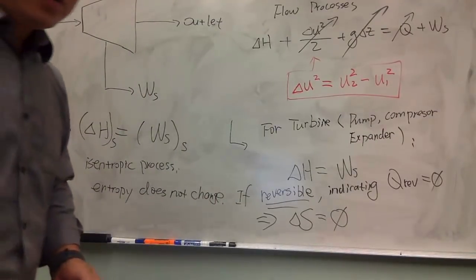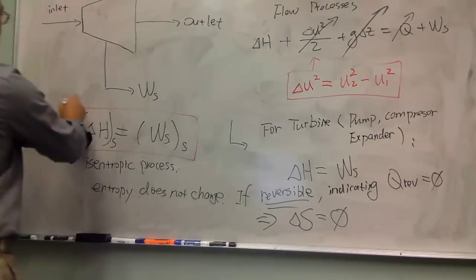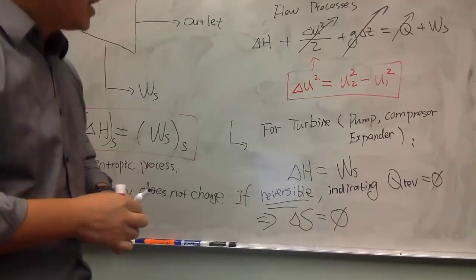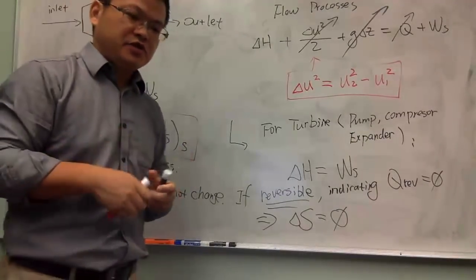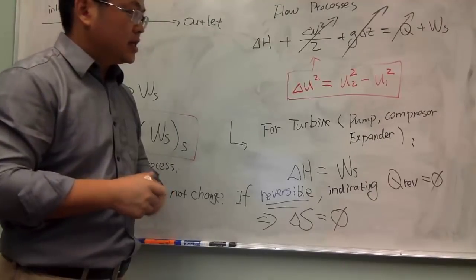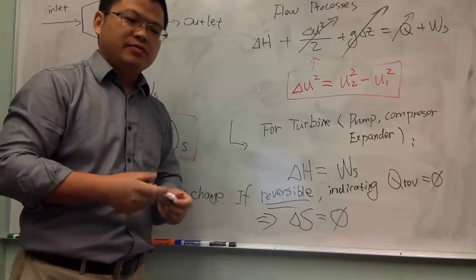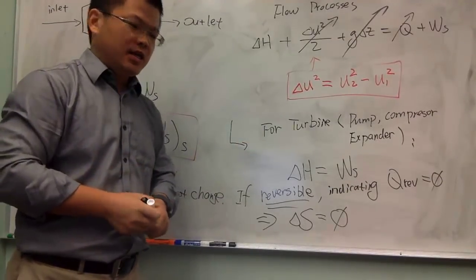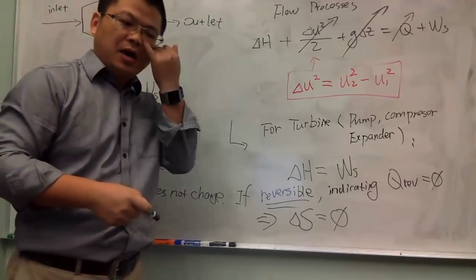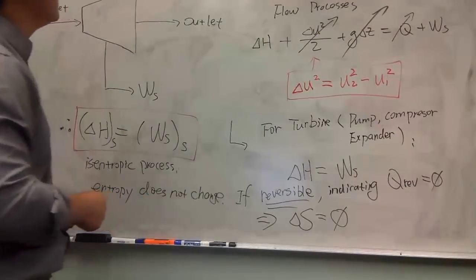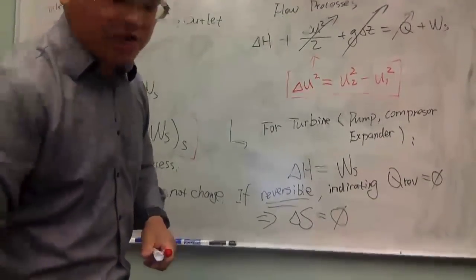This is the fundamental equation when you are working on a turbine or expander to receive some shaft work. On the other end, the reversible process will be a pump or compressor, where you provide some shaft work and change the entropy of the working fluid. That is more or less the general idea of those calculations.